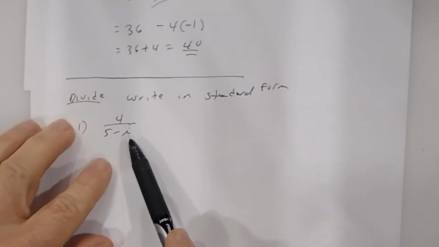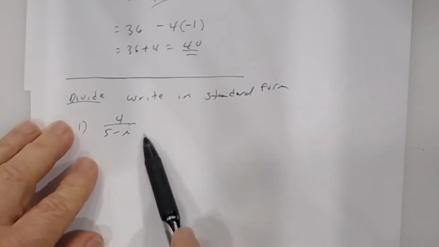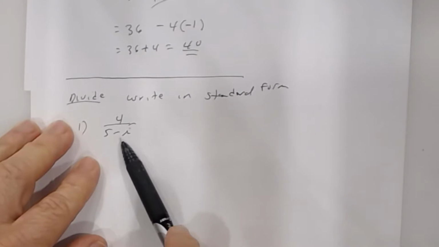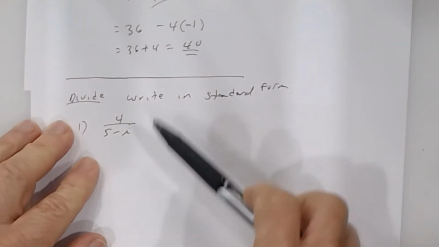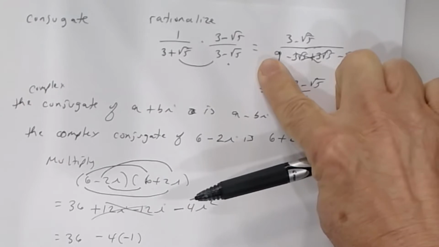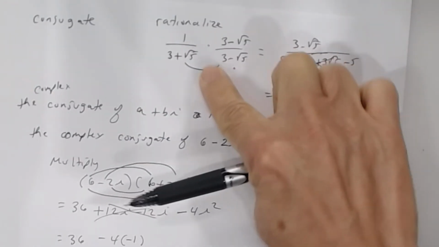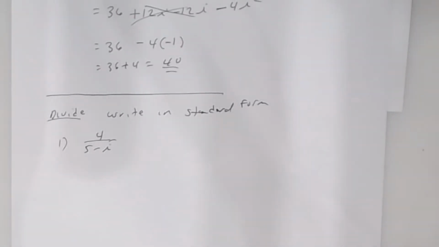So what we want to do is get rid of this i, to make this imaginary number just a real number. We're going to multiply numerator and denominator by its what? Conjugate. You've got to make the connection between this and this, between Math 99 and college algebra. Okay? So what is the conjugate of 5 minus i?